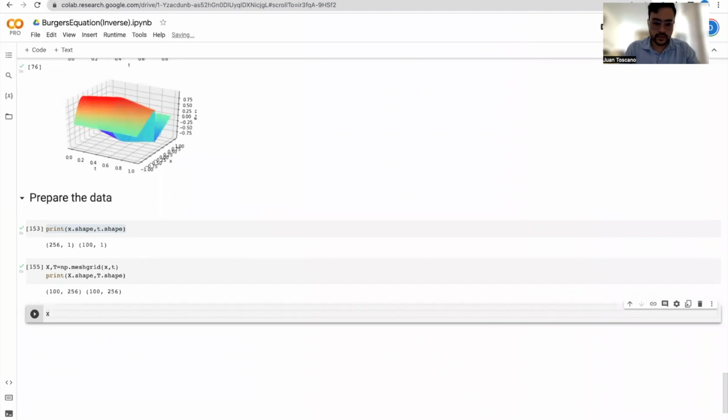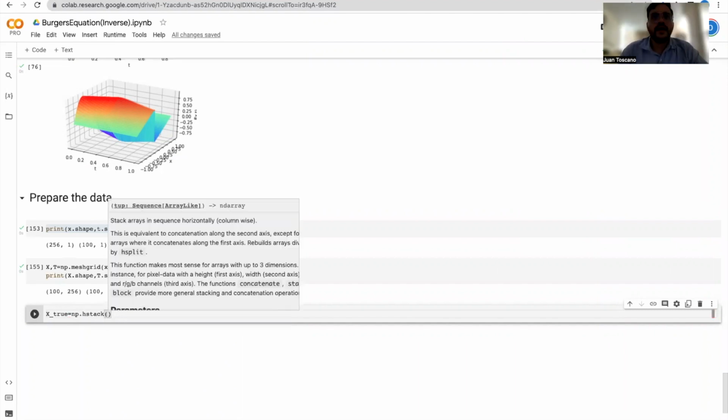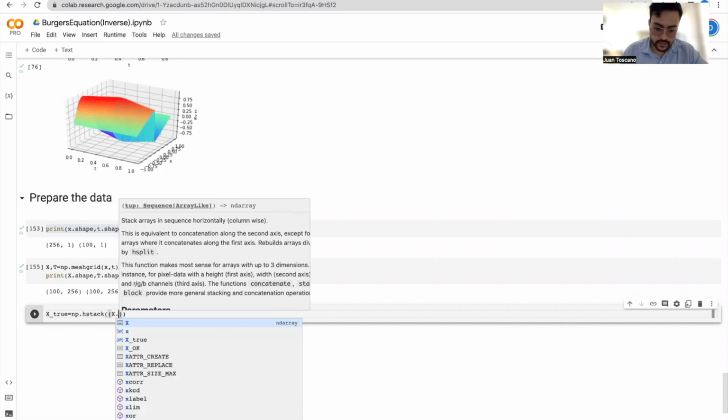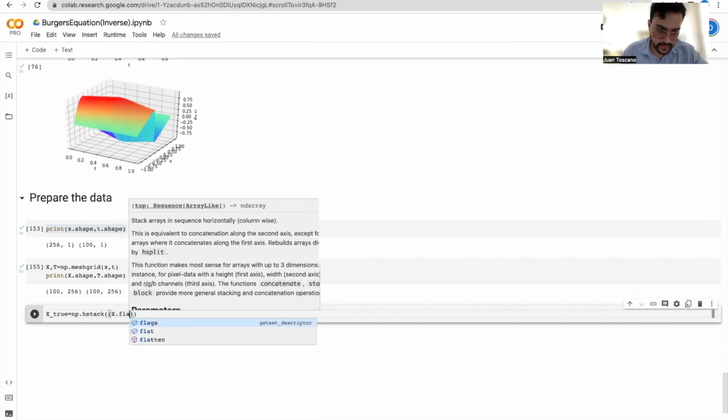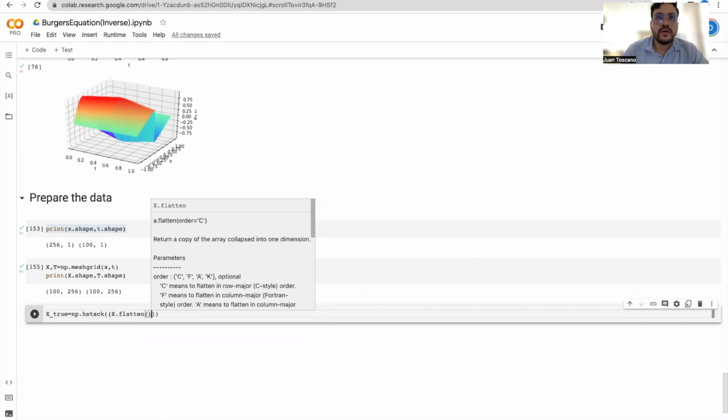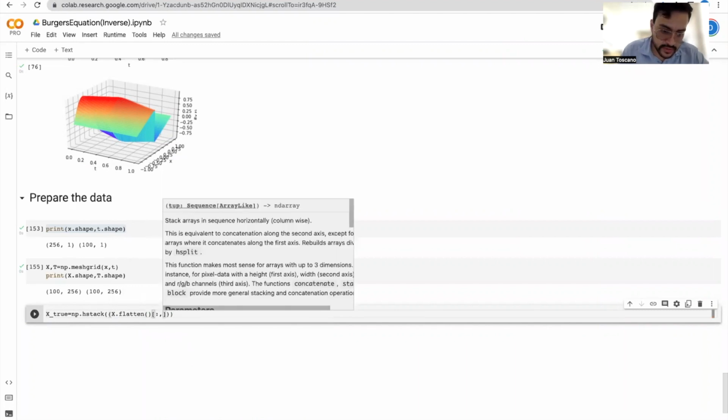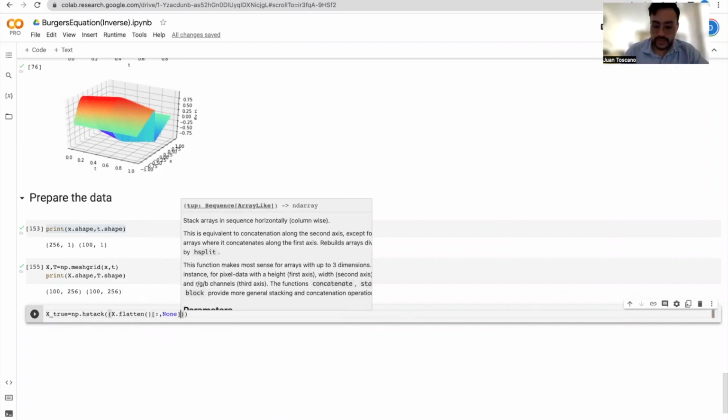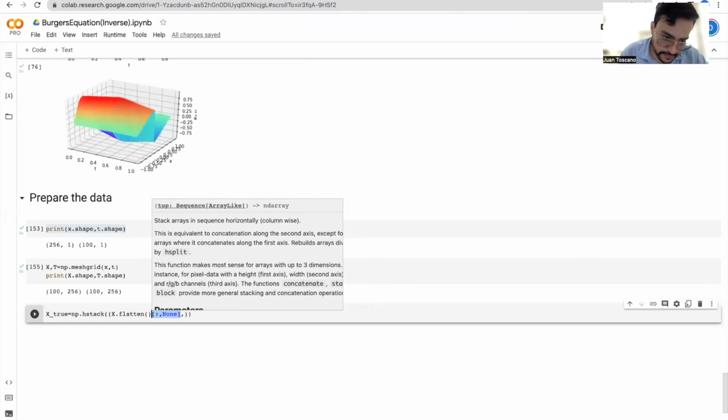To do that, we will go with X2 equals, let's just stack both vectors. So it would be a horizontal stack of X, let's vectorize it with flatten. Let's keep only one of those dimensions. And let's do the same for the time.